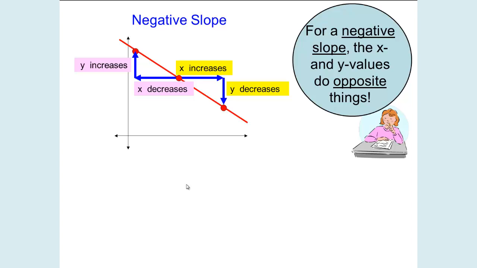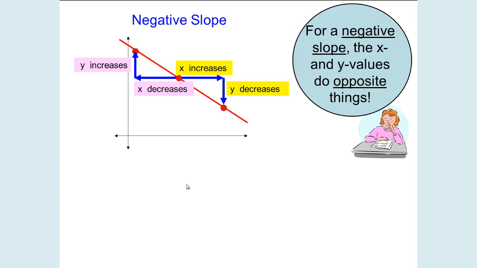So for a negative slope, the x and y values do the opposite things. As x does one thing, the y does the opposite. And again, notice the underline. For negative slope, they do opposite. For positive slope, they did the same.